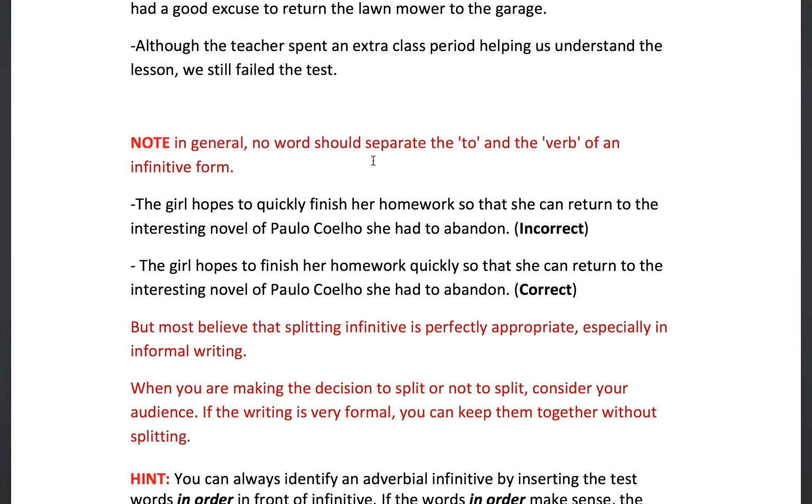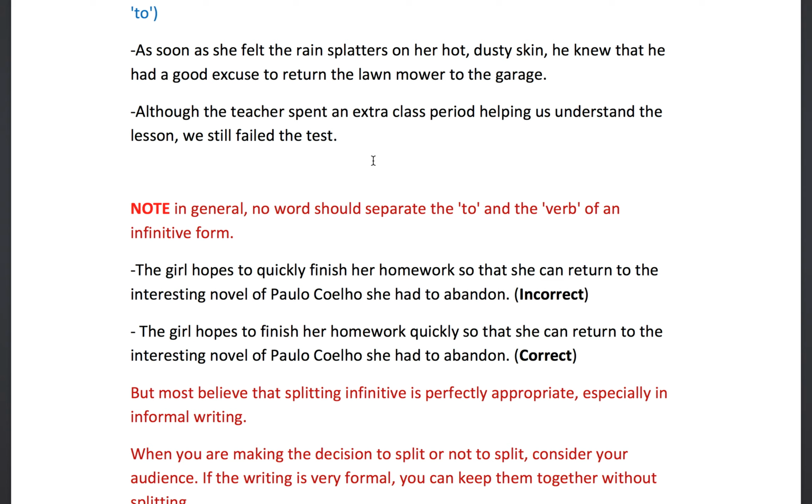But let's look at the second one. Although the teacher spent an extra class period helping us understand the lesson, we still failed the test. Here we have although, which makes this a complex sentence, and we have two different clauses here.